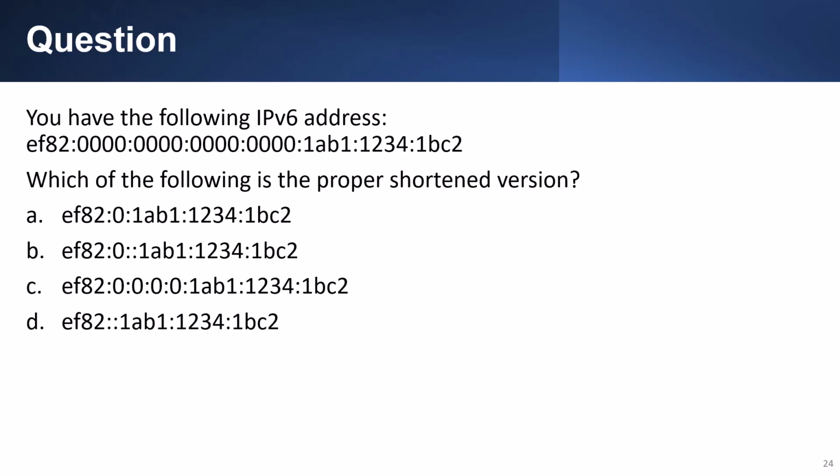Which of the following is the proper shortened version? Answer: EF82:1AB1:1234:1BC2.